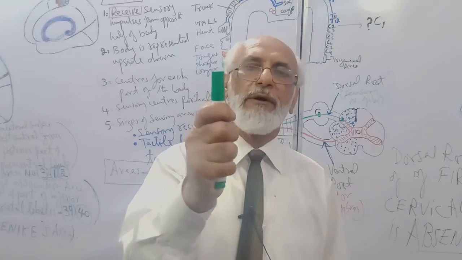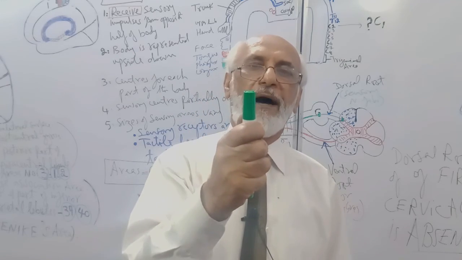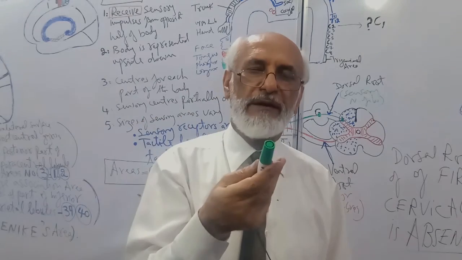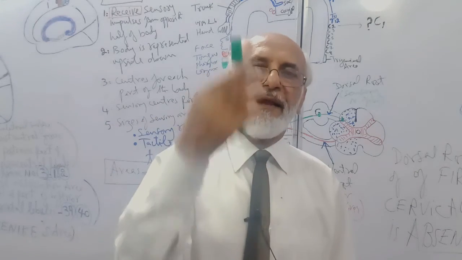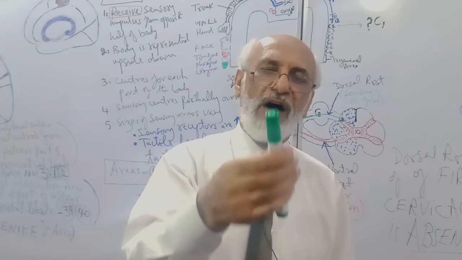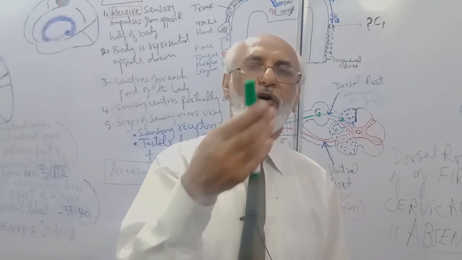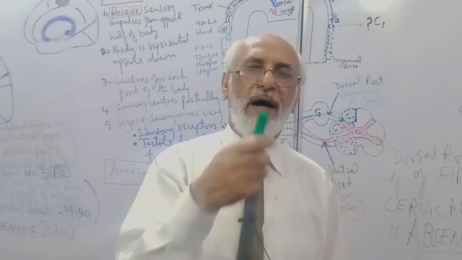Number 2, temperature. I can feel whether it is cold, warm, or at normal temperature. Next, I can feel whether the object in my hand is hard or soft.